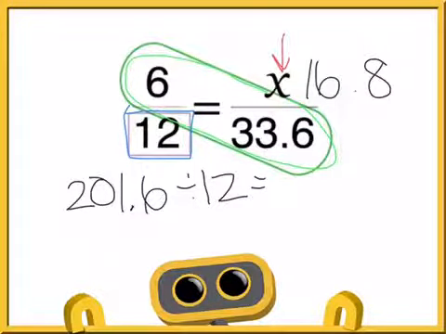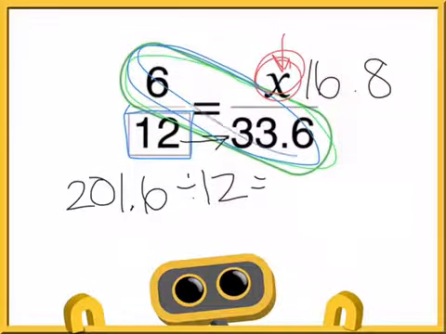That would have been very difficult to find if we were just looking for, I don't know, what did I multiply 12 by to get to 33 6/10? That's going to be such a difficult factor to find. So this is a way around it. So anytime that you have a proportion where you're going to be solving for an unknown part of the proportion, we can cross multiply our 2 known values, and then we can divide by our 3rd known value.